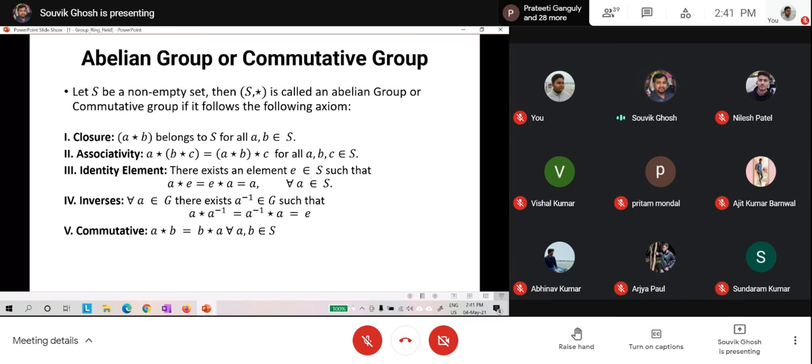If you choose two elements A and B, and A star B is equal to B star A holds, then we say this is a commutative group or an abelian group. So if in a group the commutative property holds, then the group is a commutative group or an abelian group. Am I clear?